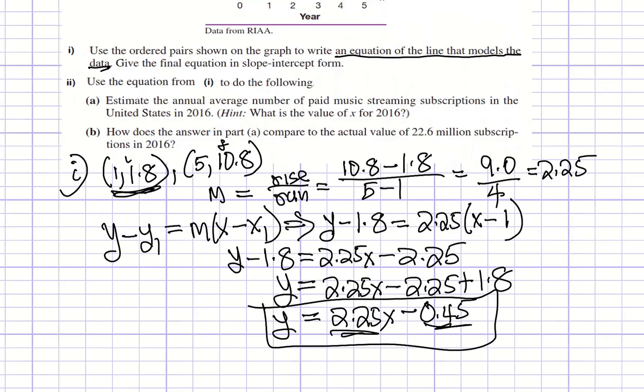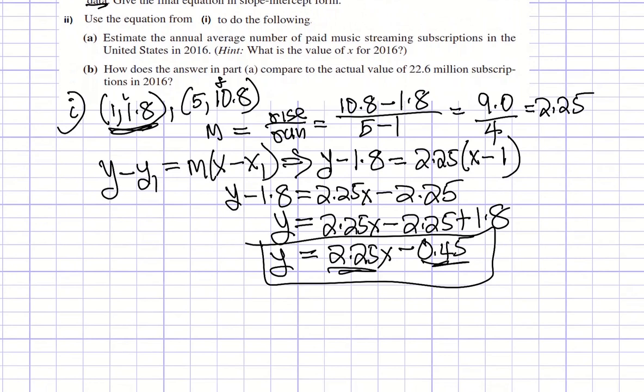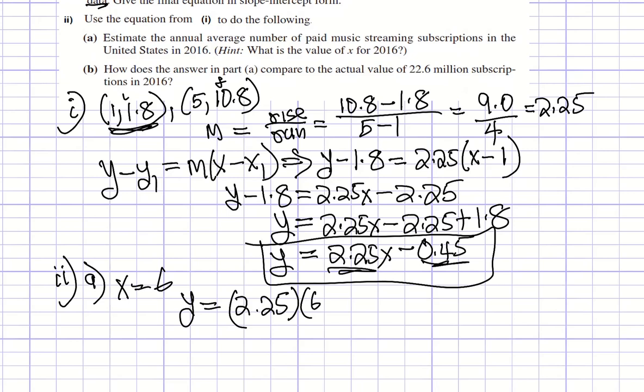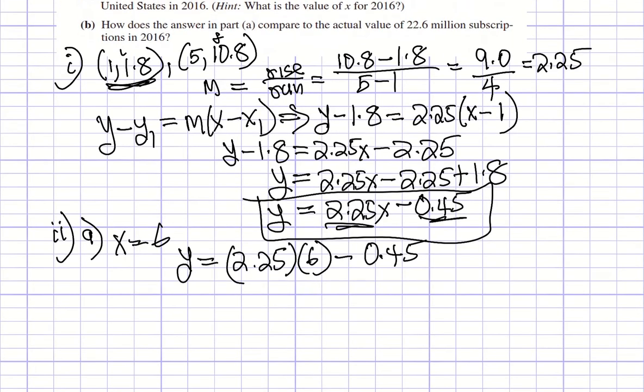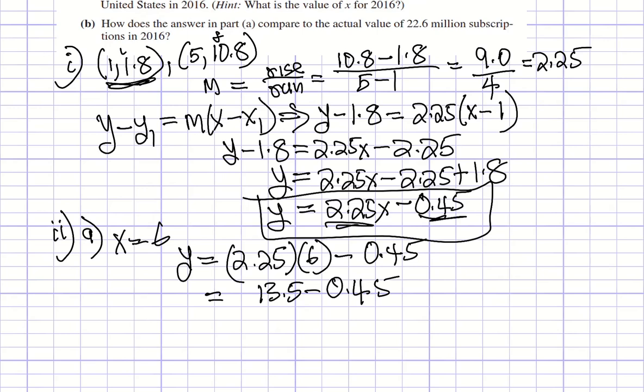So we'll have to use the equation. For Roman numeral 2a, if x equals 6, then y will be 2.25 times 6 minus 0.45. You multiply that out, you get 13.5 minus 0.45, and subtracting, you get 13.05.